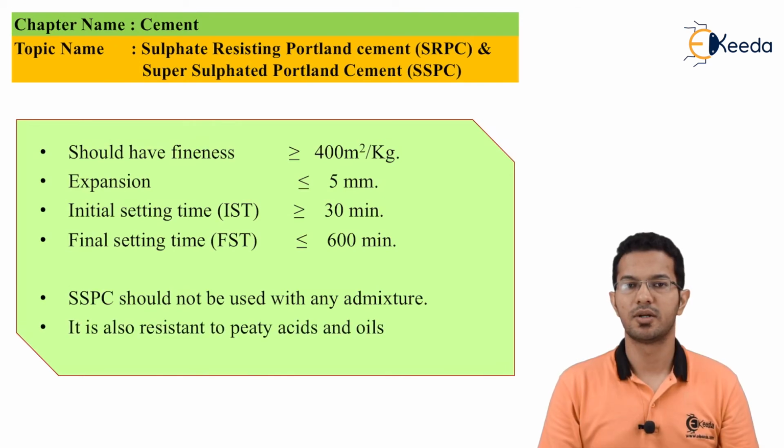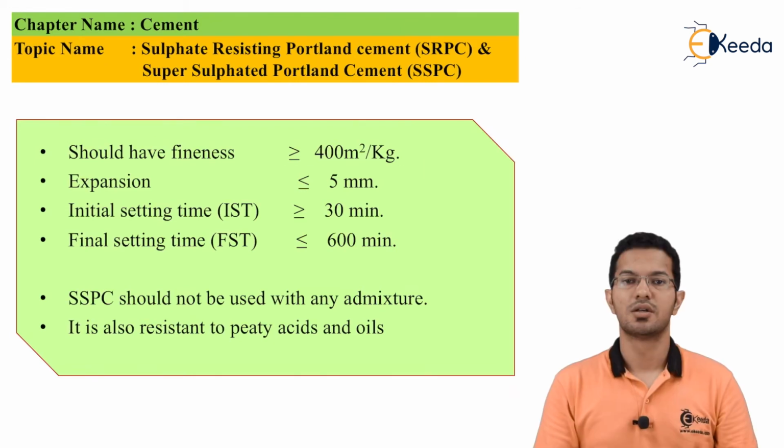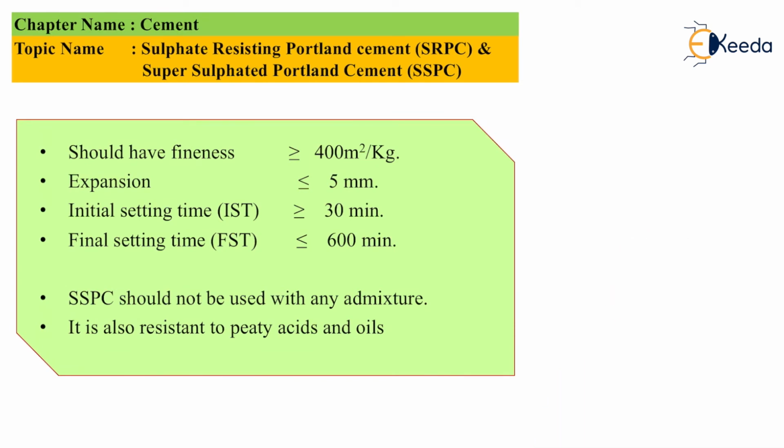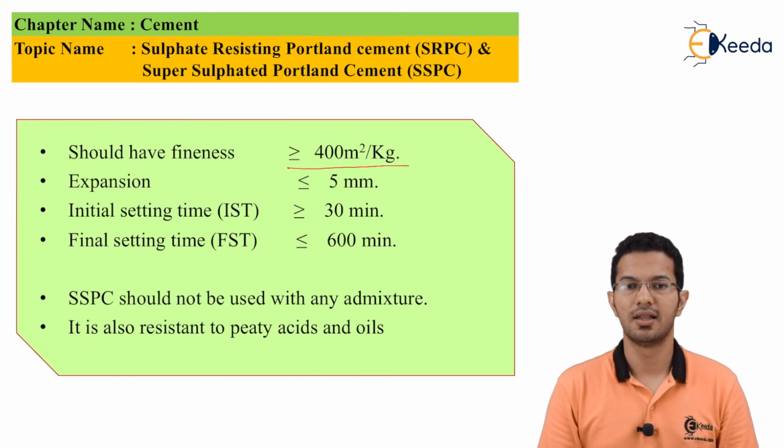Some important properties have also been discussed. It should have fineness which is more than or equal to 400 meter square per kg. The expansion should be less than or equal to 5 mm.